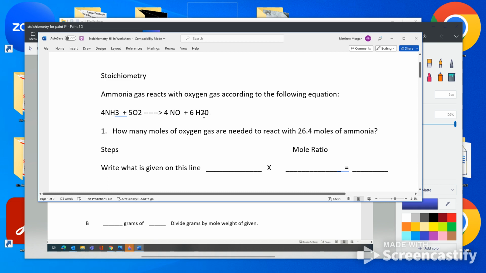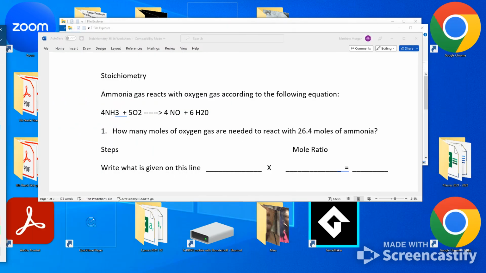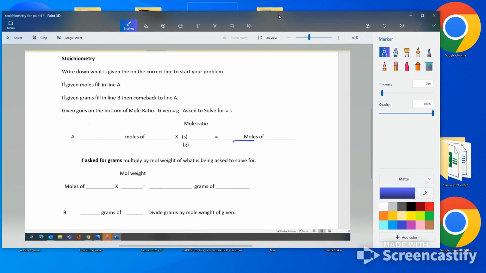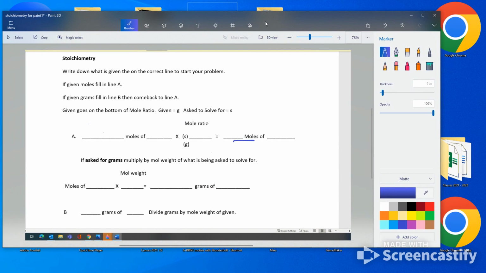So this is all great. It's a double displacement reaction. And so what we're going to do is use this to set it up. And this I put in, you can get this right on the website, right at your homepage.